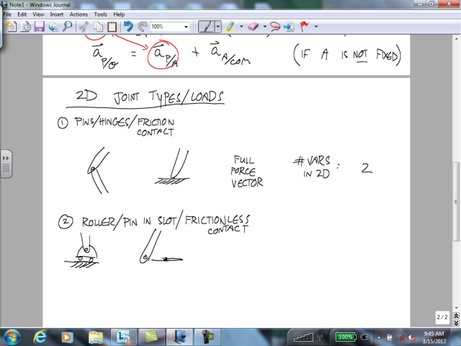So how many variables does that introduce? You can represent that with just one variable. You know the unit vector, and then you're just multiplying the unit vector times a single scalar. So the number of variables in 2D is just 1.